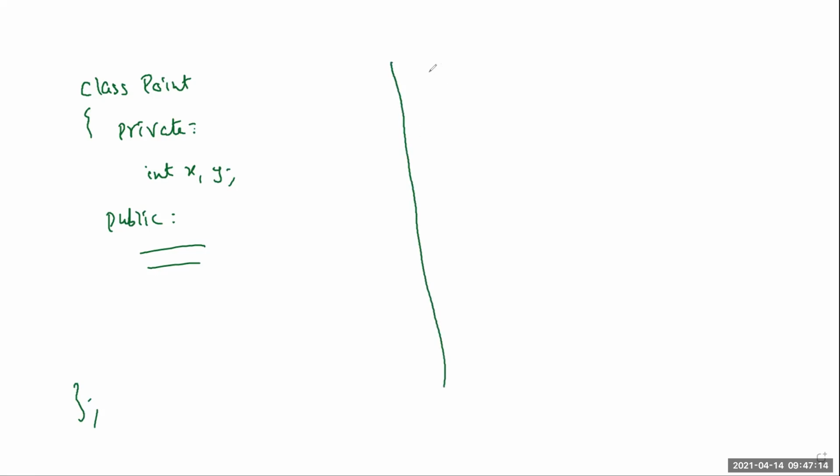Let's do it the way we did it previously. So we say point operator plus, and since it is a non-member function, there are two inputs, point A and point B.